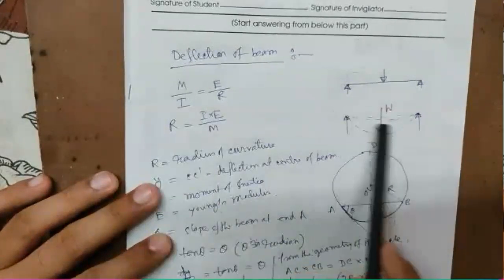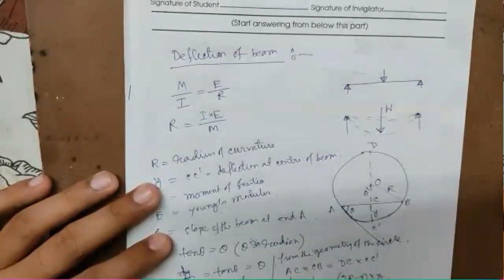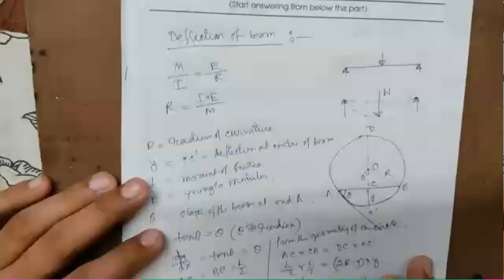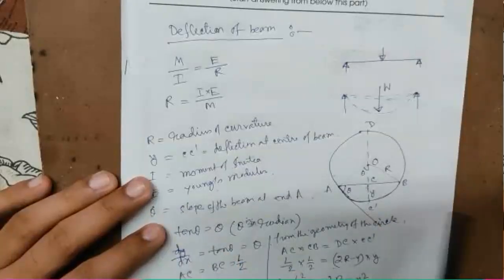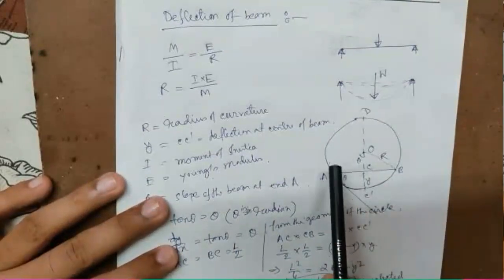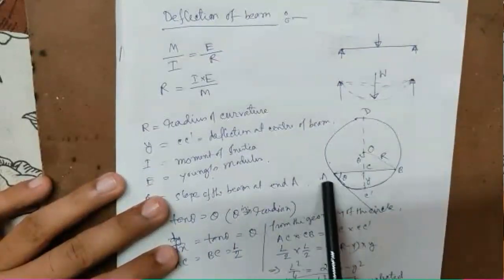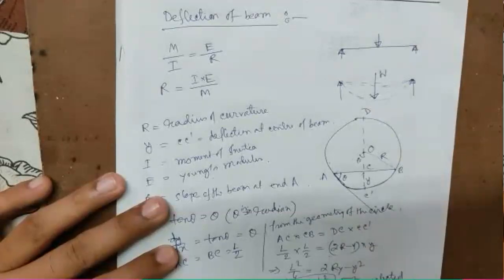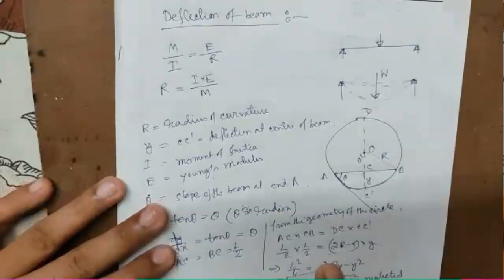So this beam, when it bends, will take a curvature of an arc of a circle. Now, when this radius of curvature is constant, we can compare it with this figure where ACB is the initial position while we have loading.